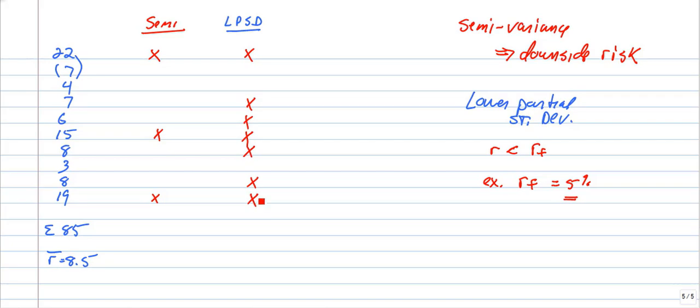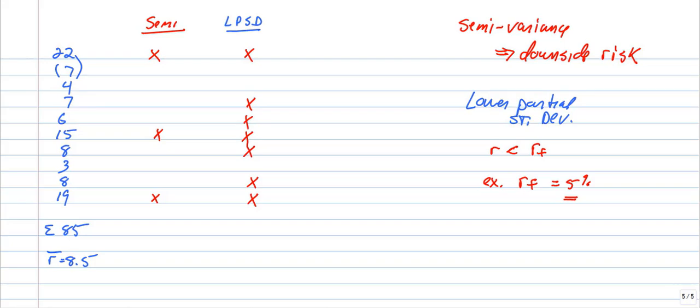So the lower partial standard deviation is looking at only the returns that are less than the risk-free rate. So two additional measures of risk compared to standard deviation. Remember, I'll say it again, standard deviation looks at all of the returns.